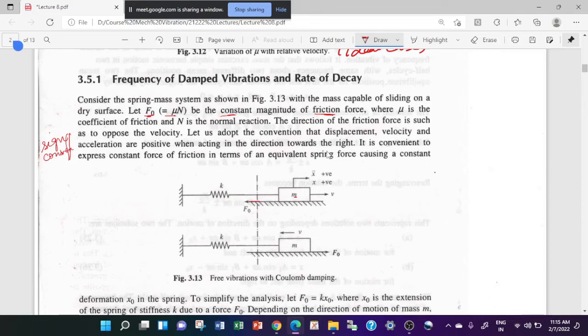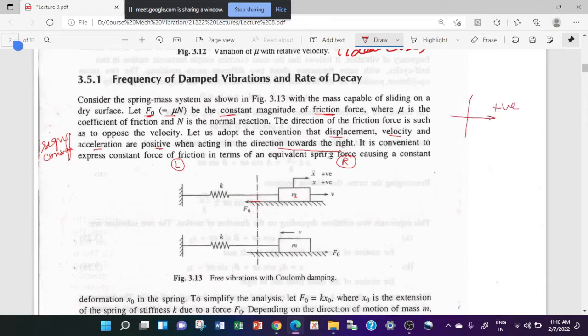Displacement, velocity, and accelerations will be considered positive when they are acting from left towards the right. Suppose I say this is your left and this is your right. Then as per the sign convention, the body moves towards the right, meaning from left to right.